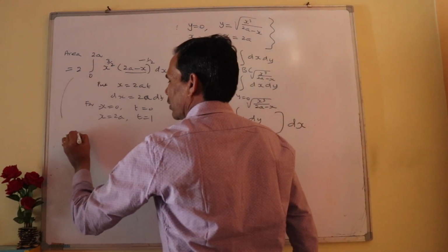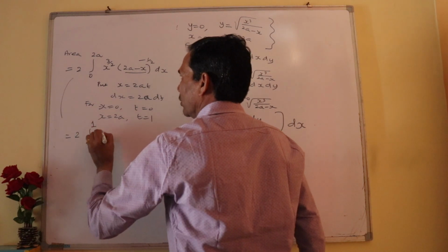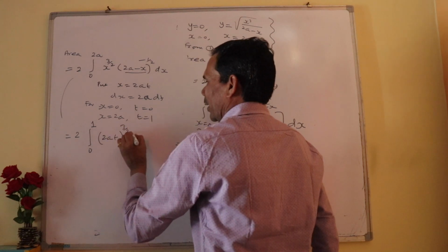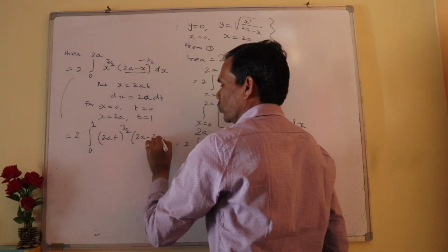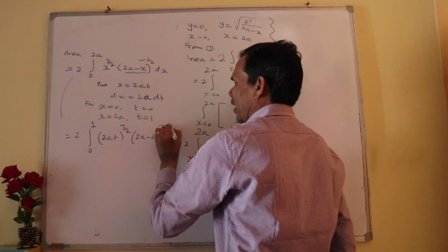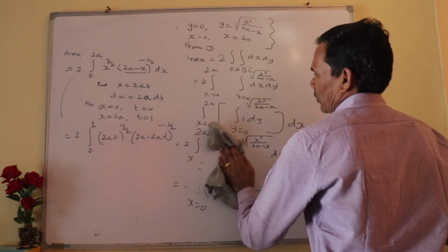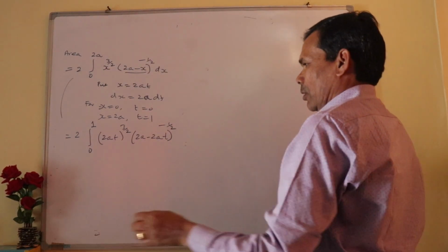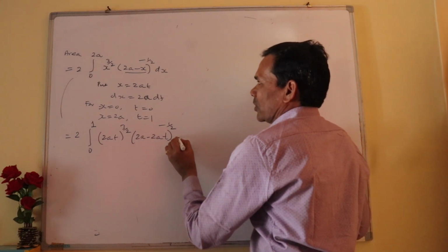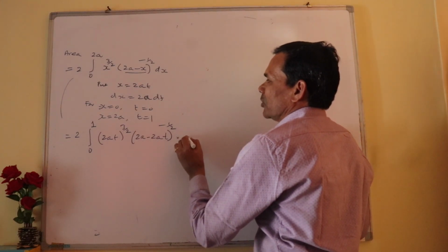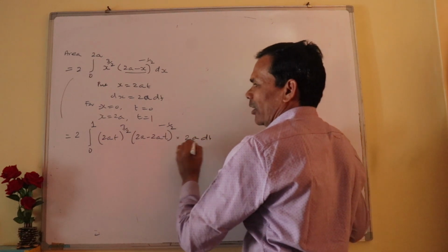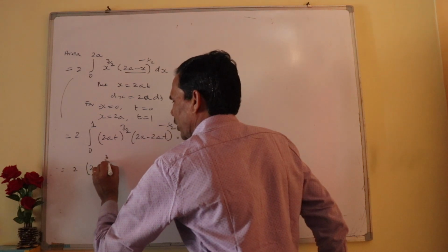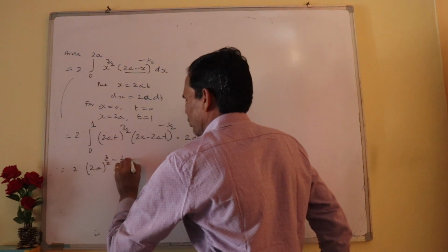So this will convert the area to 0 to 1, x means 2 times a into t, bracket raised to 3 by 2, and then 2a minus 2a into t, bracket raised to minus half, into dx, which is 2 times a into dt. I take all the constants outside here, 2 times a, bracket raised to 3 by 2 minus half plus 1.